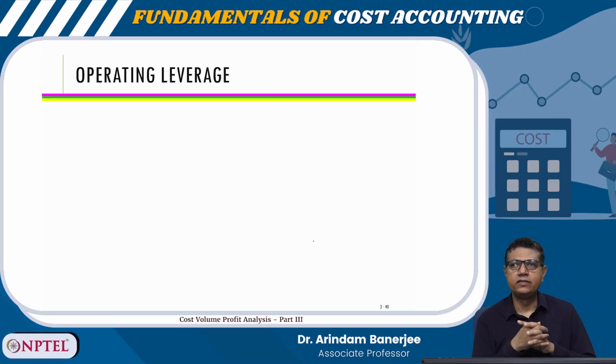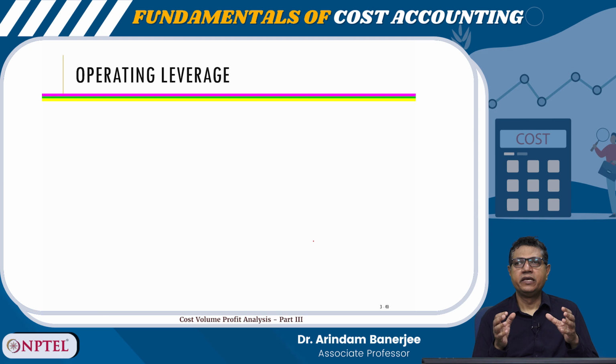The next item is the operating leverage. Now, operating leverage is a phenomenon in which the presence of fixed cost in the cost structure increases the profitability. The word leverage comes from lever.